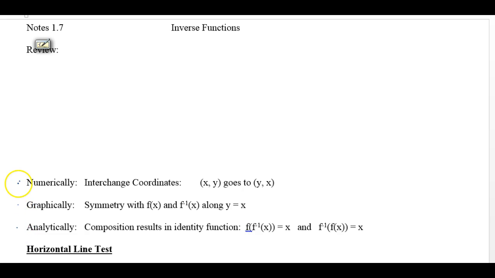All right, so first of all, numerically, two functions are inverses of one another if the x and y of one function correspond to the y and x of another. So here's what I mean.